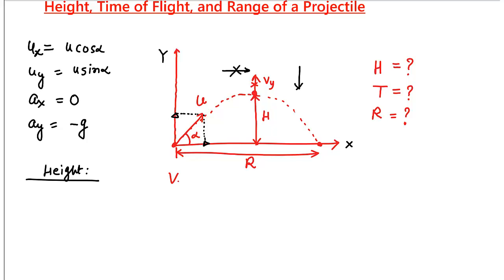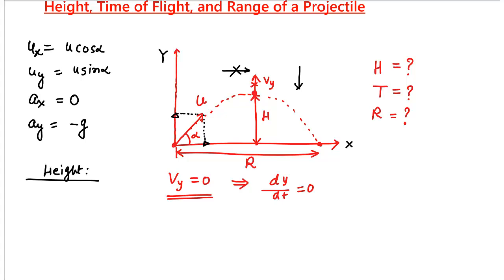This is the key point, that is Vy is equal to 0. Mathematically this is the same as dy/dt equal to 0. So y is maximum, and this is nothing but the maximum height reached by this projectile. We'll use the fact that Vy is equal to 0 to calculate the maximum height.